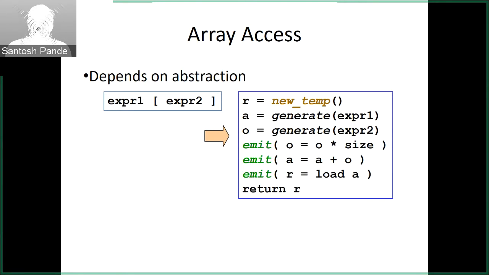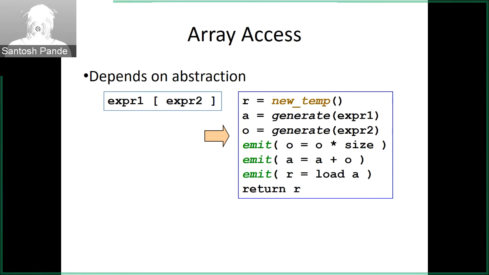We will take the offset and multiply it by size. That is going to give us the physical offset. And then we have the second statement here, which is the base being added to the offset in terms of going to that particular element.